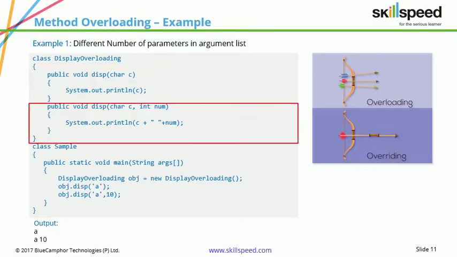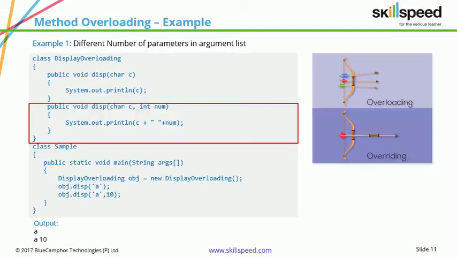I have one more method, also named display, where I am taking two parameters, character C and integer num. Here I am printing C and num values one by one with a space.